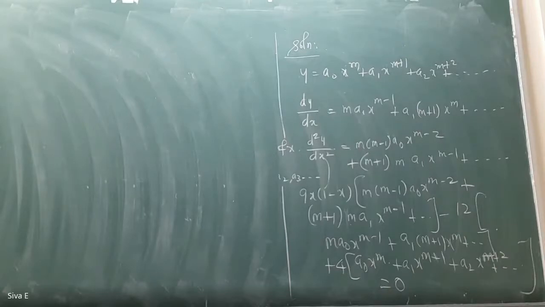Third step is to equate to 0 the coefficient of the lowest degree term in x.